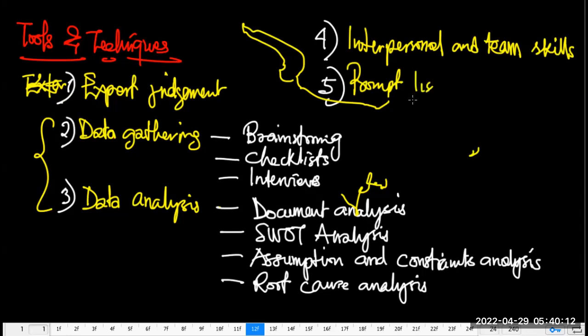So the prompt lists. And yes, meeting is still part. So it means meeting was in the first and is also here. When you are doing plan risk management, we had meetings. So there's also meetings here. We've explained meetings already. There's no need talking about meetings.